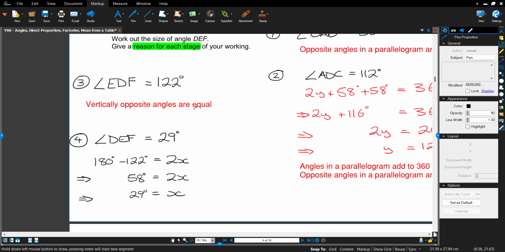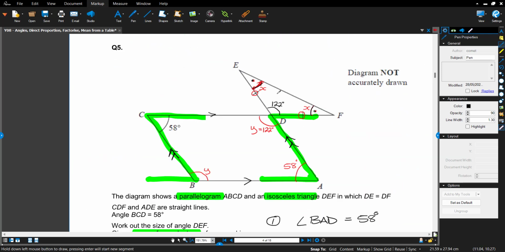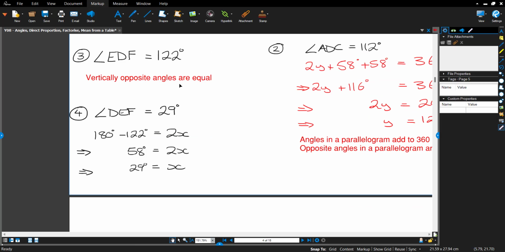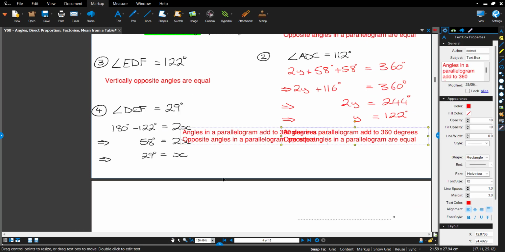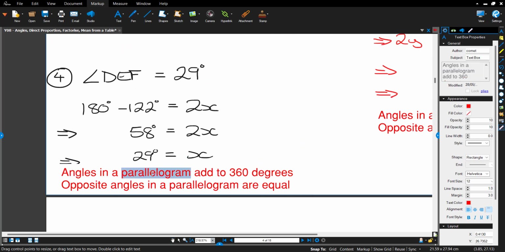Now, how do we know that? So we said the angles in a triangle add to 180, and then we divided by 2 because the angles at the base of an isosceles triangle are equal. So let's just use that. Angles in a triangle add to 180 degrees.